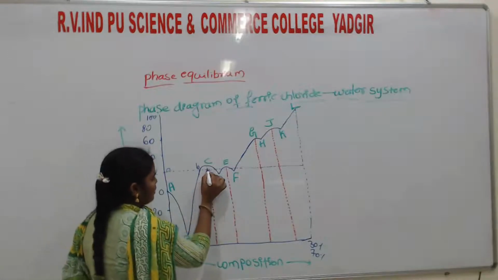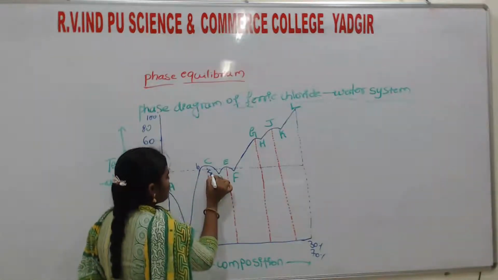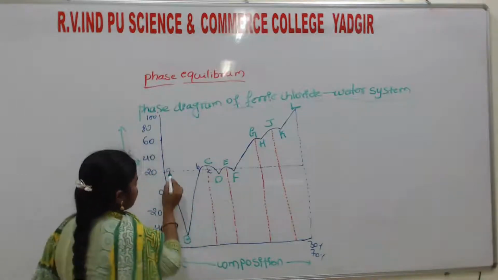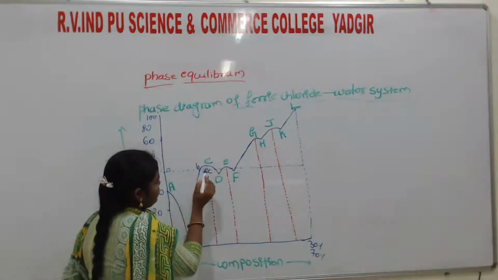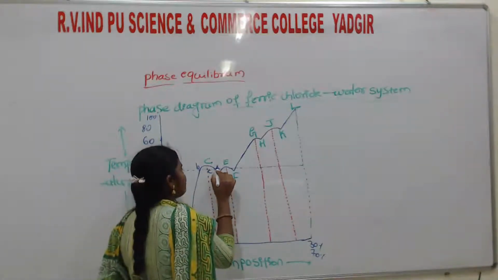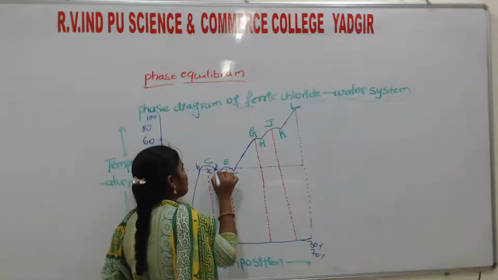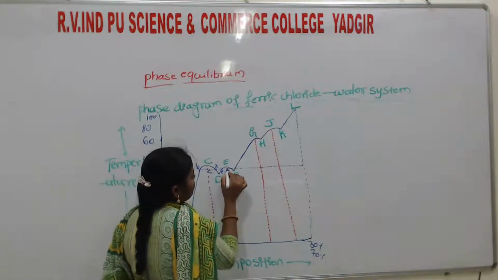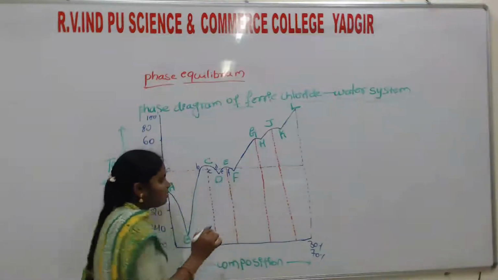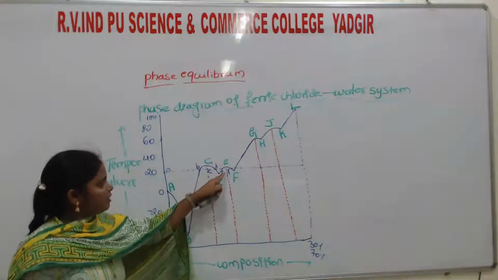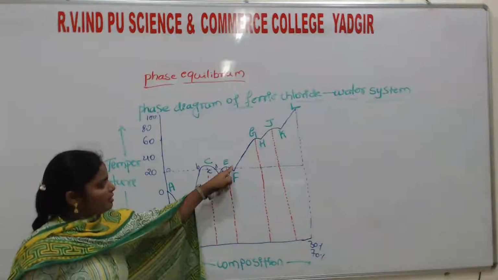This point is A, this point is B, this point is C, this point is small b, this point is E and this point is F. A, B, C, D, E, F.